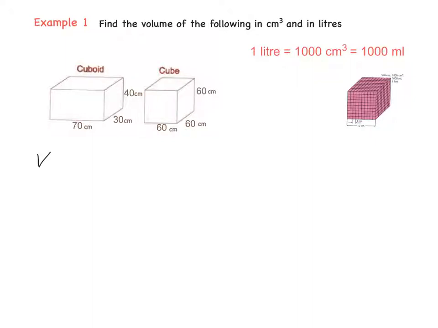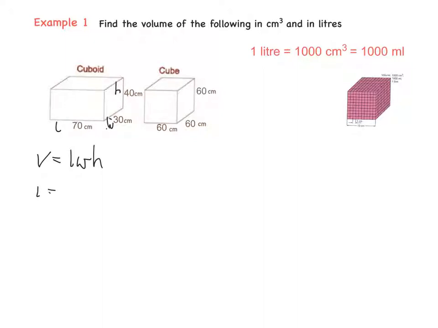We need to start off with the formula, and the formula is L by W by H. This is L, this is W, and this is H. This is always the first step: write down the formula. The next step is write down what you know.